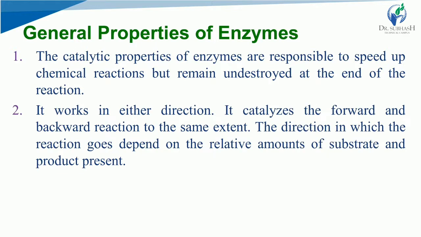Second, it works in either direction. It catalyzes the forward and backward reaction to the same extent. The direction in which the reaction goes will depend on the relative amount of substrate and the product present. So amount is really important. We will come across the words substrate and product in the coming video.